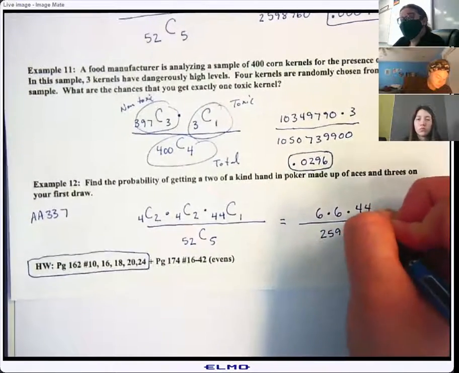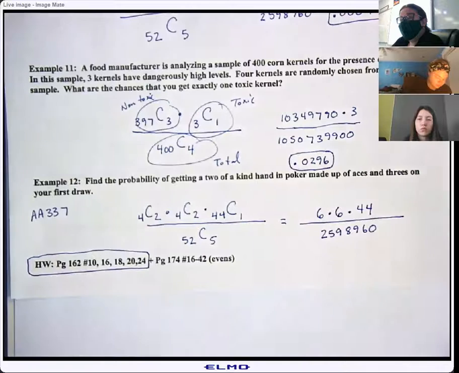Yeah, it's the C combination. I'm using that. It's under math, probability, right under the permutation one.